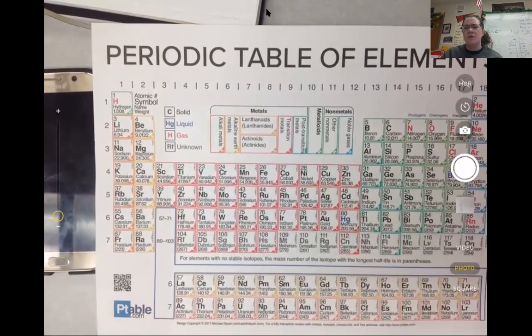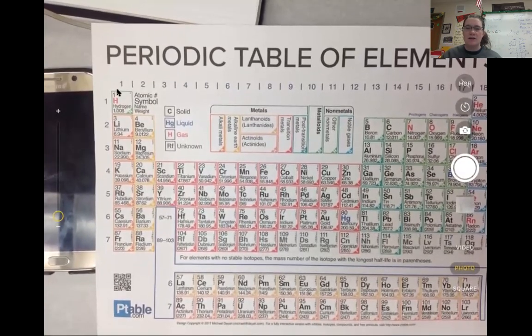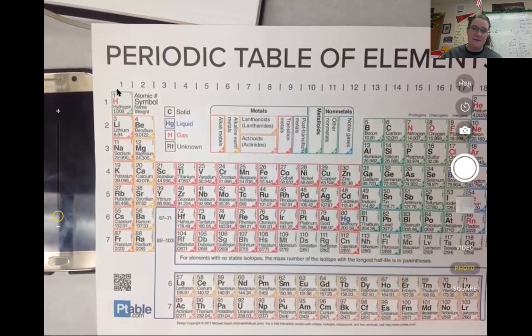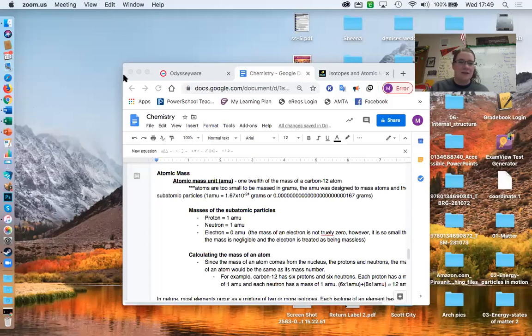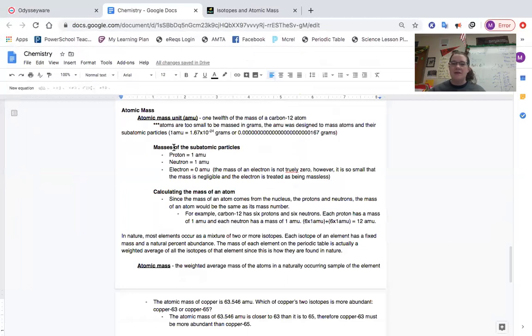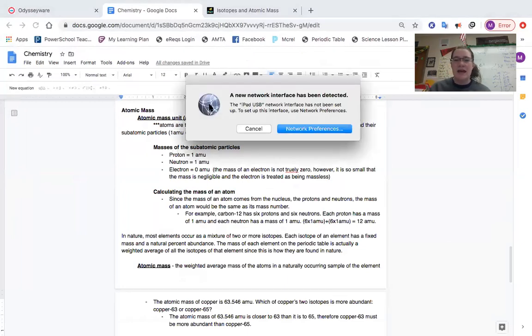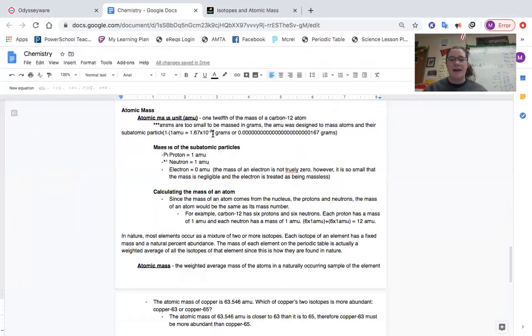Before we can get there, we have to talk about some ways in which we mass atoms. I guess not necessarily the way, but the units that we use to do so. I'm going to switch it over to my computer instead of my iPad and find my screen. How we measure atoms is we use the AMU as our unit, the atomic mass unit.